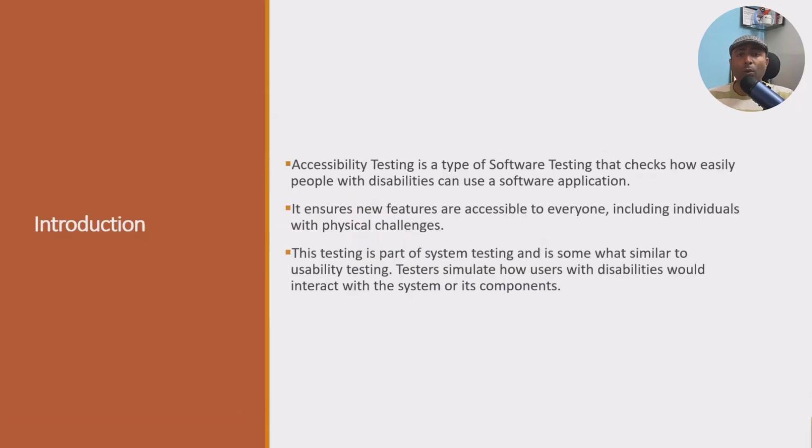So first of all, what is accessibility testing? It's a type of software testing that checks how easily people with disabilities can use software applications. Consider one example where a person is not able to see anything, and that person won't use any application if he or she is not able to hear anything.